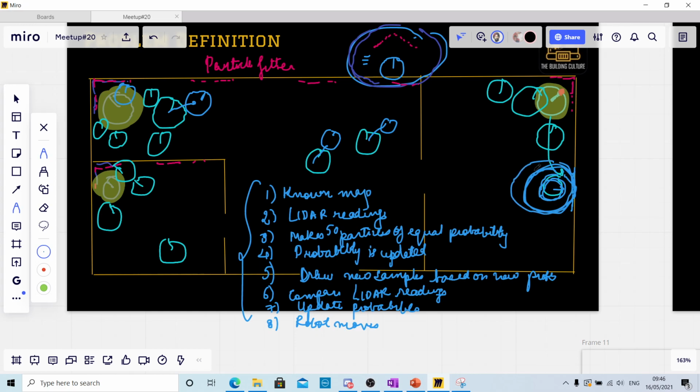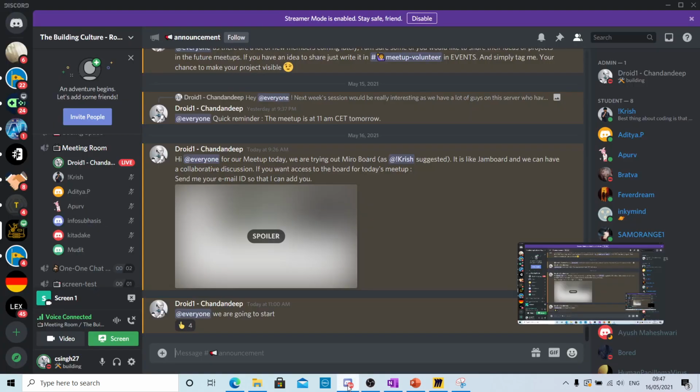Now this is all theory. Has anyone used particle filters and can suggest some maps? I haven't used this particular approach before, so maybe let's have a discussion about the practical implementation of it, if anyone has used it before or has some idea about it. Okay, everyone is muted, so probably not.